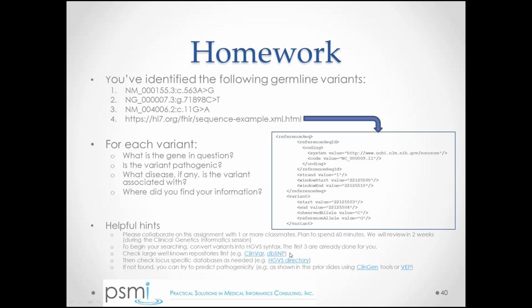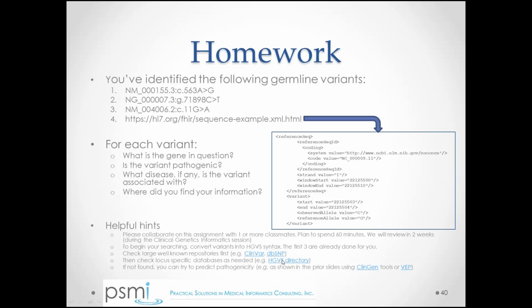Keep in mind that you're not going to find any comprehensive repository out there. If you don't find these variants there, then you can start checking locus-specific databases as needed. Again, there's no comprehensive locus-specific database, so it's possible that you simply won't find a variant, even though someone may have already discovered it.